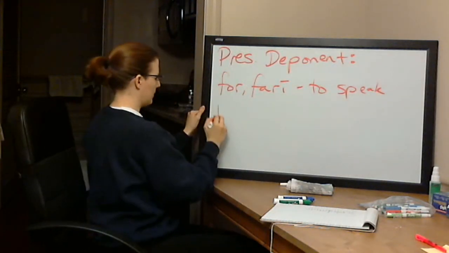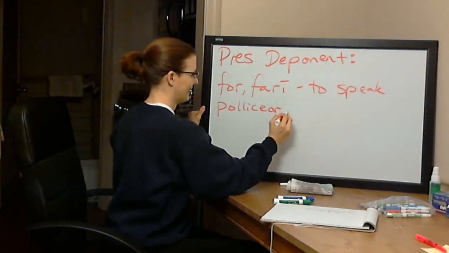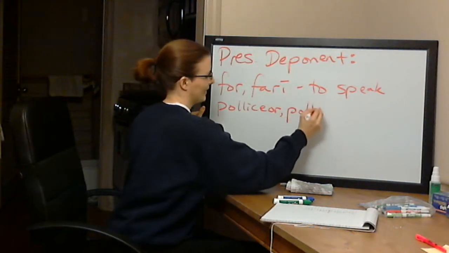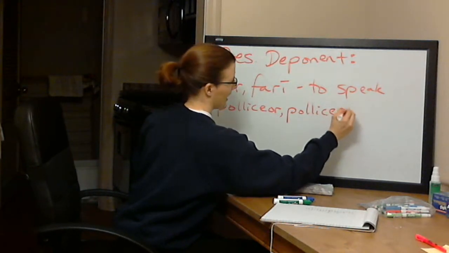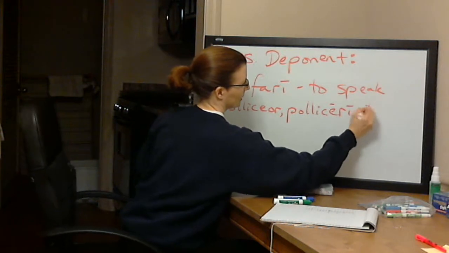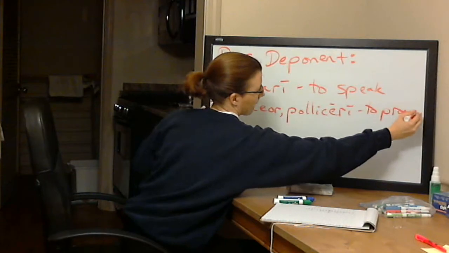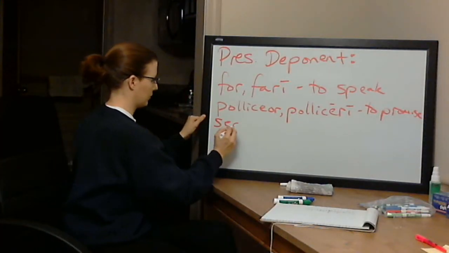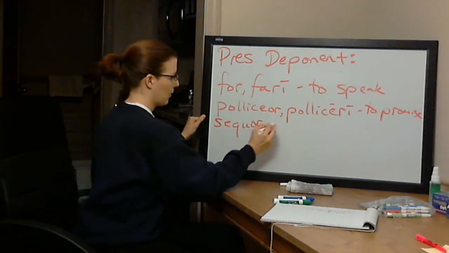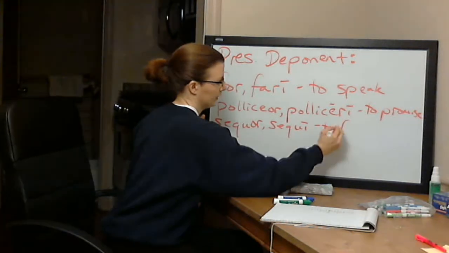And if you've got polliceor, why did I choose such a long one? Polliceri, to promise. If we've got something like sequor, go with a nice short one this time. Sequor, sequi, just to follow.